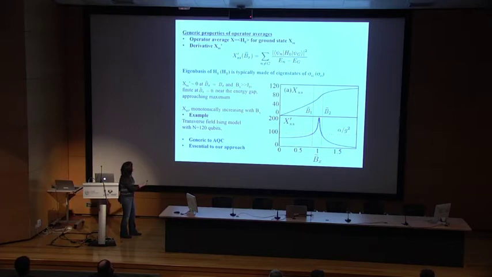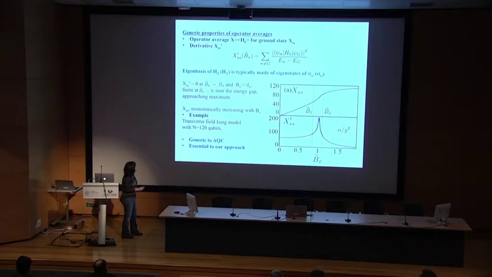And this is the derivative of this ground state average. I can find that this derivative is expressed by this equation, which depends on the eigenstates of the Hamiltonian HS at Bx tilde, basically the effective Hamiltonian of the adiabatic quantum computer at the effective field Bx tilde.